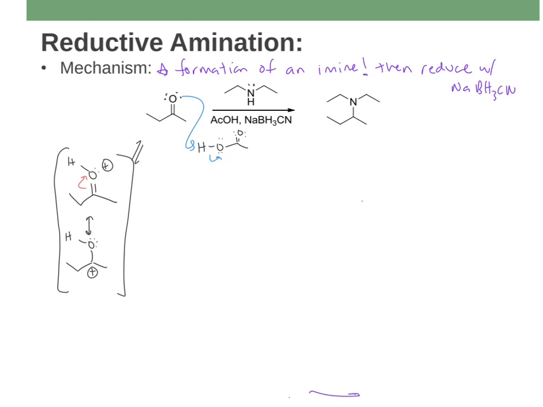So I've protonated my carbonyl, made it a better electrophile. I have my amine, so I've got my diethylamine here. That is now going to go ahead and add into that carbonyl carbon.